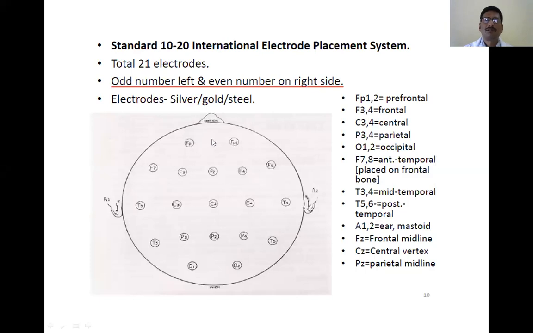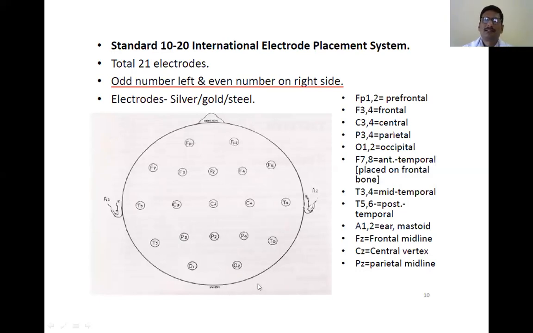On the left side, electrodes are denoted with 1, 3, 5, etc., and on the right side 2, 4, 6, etc. From there, after 20% distance, you will have F3, and again after 20% distance, you have the central area or the vertex, and from there again, after 20% distance, you will have the parietal, PZ or P3. Then you have O1, which is about 10% from the inion, in the occipital lobe. So this is how they are placed.